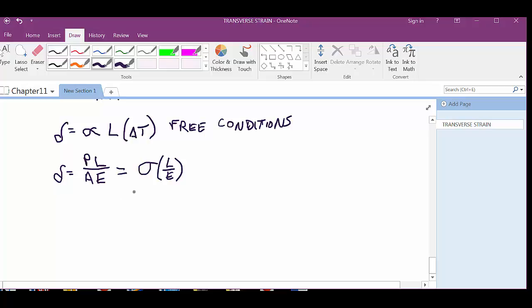So then it says if you take and equate the two, you end up with the stress times the length divided by the modulus of elasticity equals the coefficient of thermal expansion times the change in temperature.